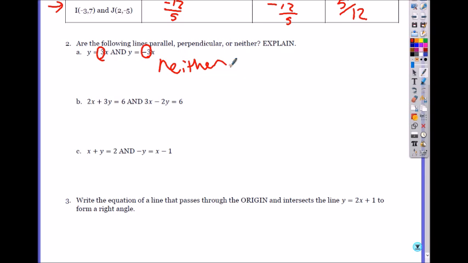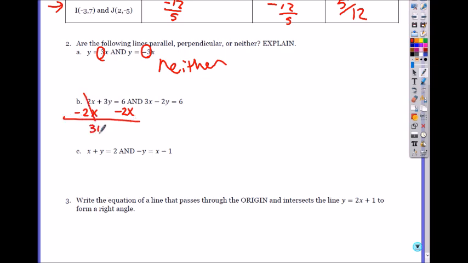What about number 2? What's the slope of the first line? Is it 2, the slope? No, this one you have to solve for y. Y equals mx plus b. This is not y, so you have to solve for y to find the slope. So what would you do? Move 2x by subtracting it from both sides.